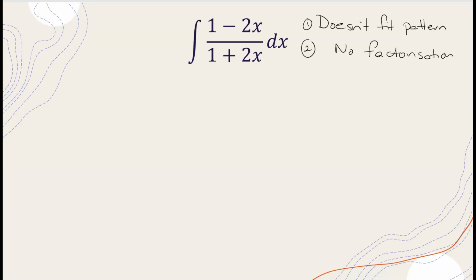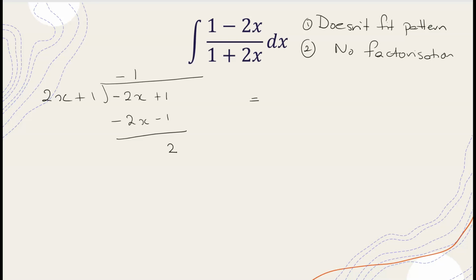What we could do is divide the bottom into the top and break it down that way, as we did on slide 7, though slide 7 works. This one needs to be done a little bit more carefully. I'm just going to write it back to front. 2x plus 1 over into negative 2x plus 1. 2x into negative 2x goes negative 1, multiply it, negative 2x minus 1, subtract 1 minus minus 2 is 2.